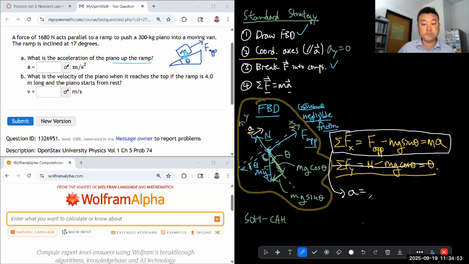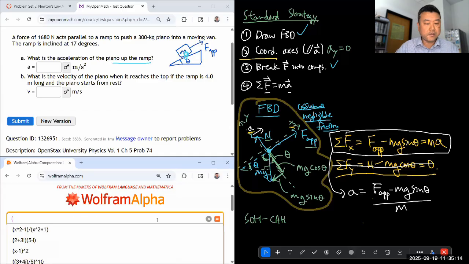Acceleration is equal to the net force, that I think I have all the numbers for, divided by mass, which I think I have a number for. Yeah, so let me just plug the numbers into my calculator, Wolfram Alpha, and do it that way. Let me put everything in basic SI units. That way I don't have to deal with the units.